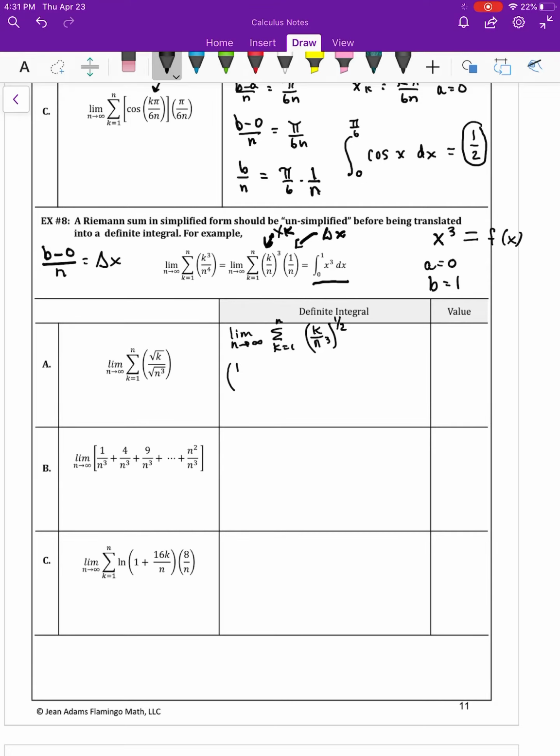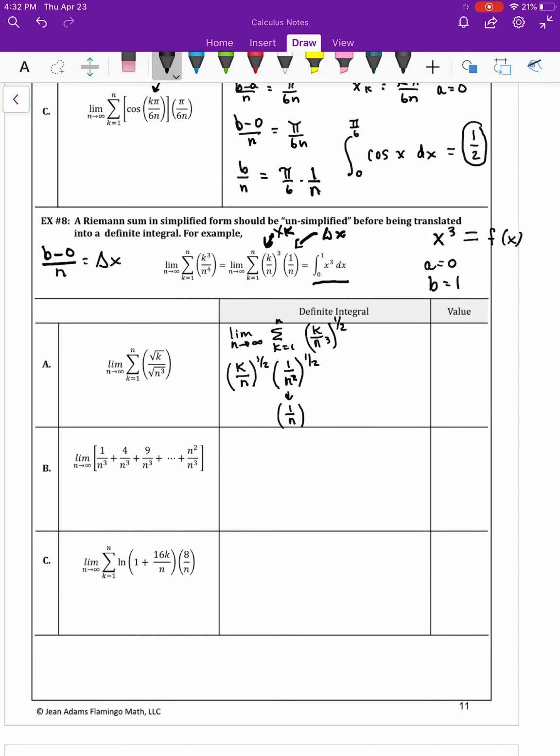So let's look at number 1. Think about what this was telling us, k equals 1 to n, that's the same for everyone. Let's think about k over n cubed to the 1/2 and what we could write that as.